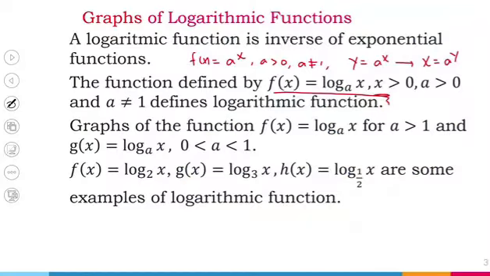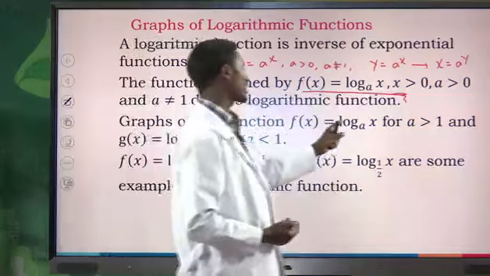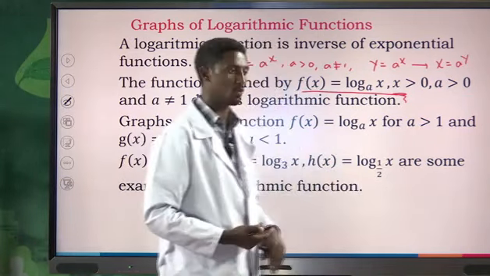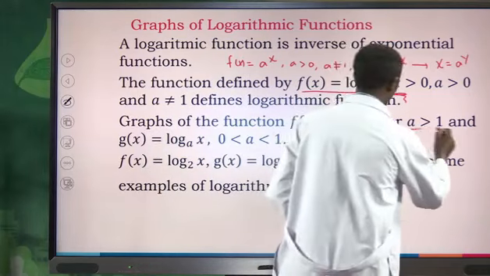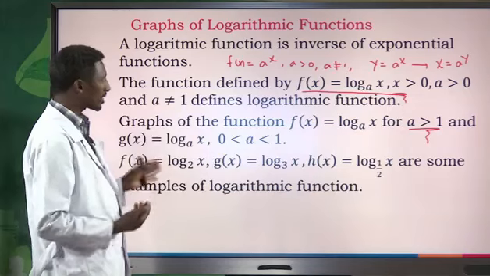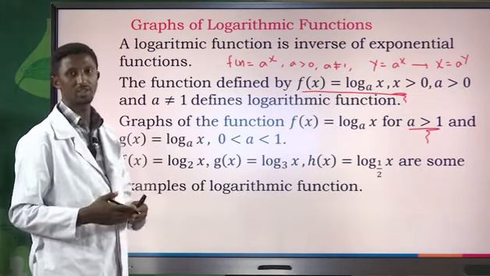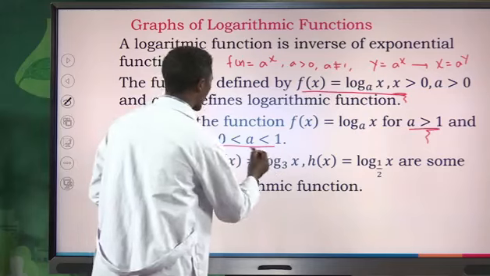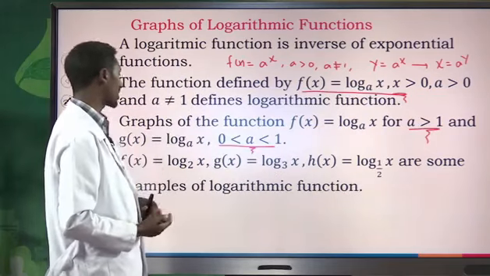We'll look at graphs of logarithmic functions by considering two different cases. One, when f of x equals log x to base a for a greater than 1: when the base is greater than 1, what does the graph of a logarithmic function look like. And also, when the base a is between 0 and 1, what do the graphs of logarithmic functions look like.